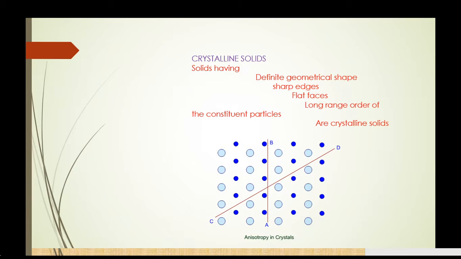So, on the basis of these characteristic features, we can identify whether the solid is true or false, whether the solid is a crystalline solid or an amorphous solid. Likewise, there are some characteristic features for the amorphous solid. On the basis of these characteristic features, we can identify that the solid is amorphous.